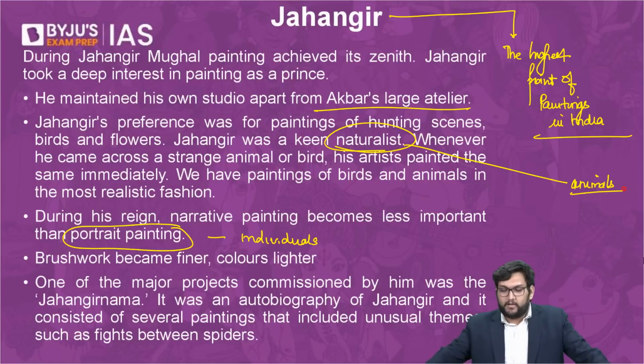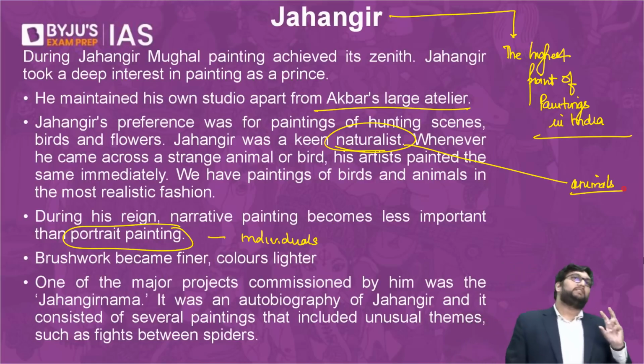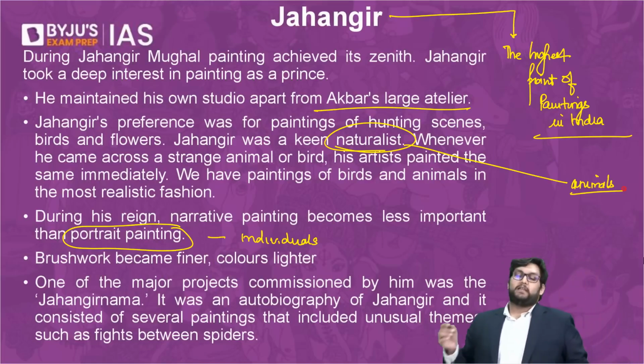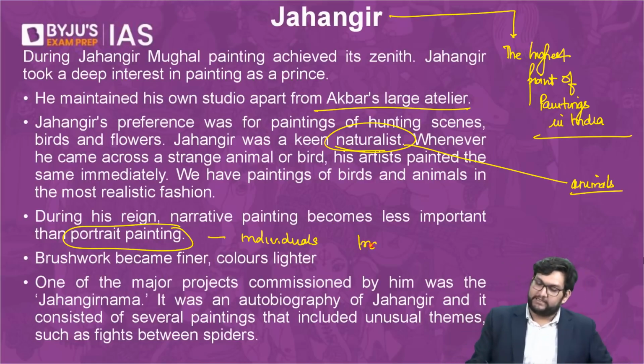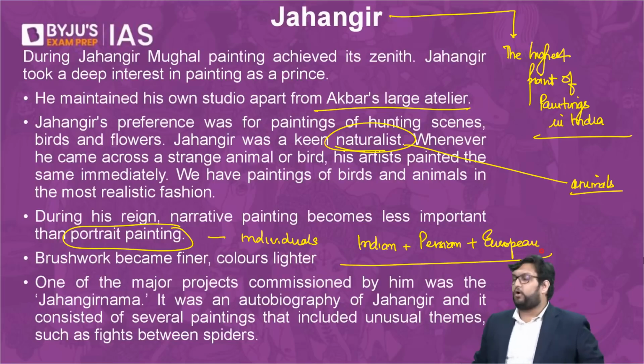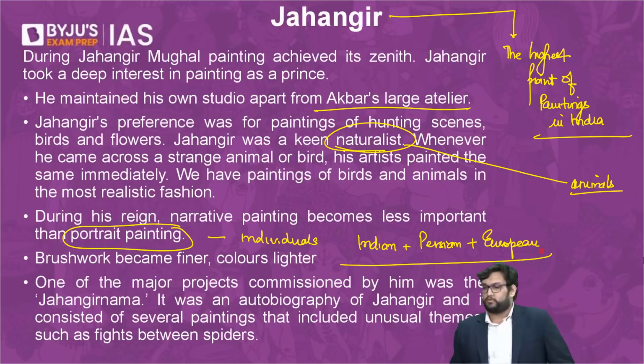And the Jahangir thing is that, see, the Indian element is already there. There is a Persian influence which is already there. But he will bring in European also, because if you remember, Thomas Roe and Hawkins all came to Jahangir's court.